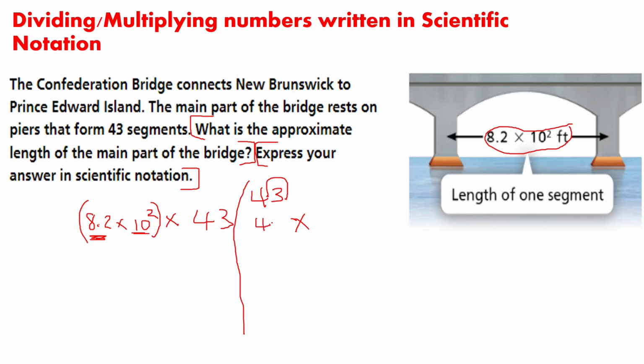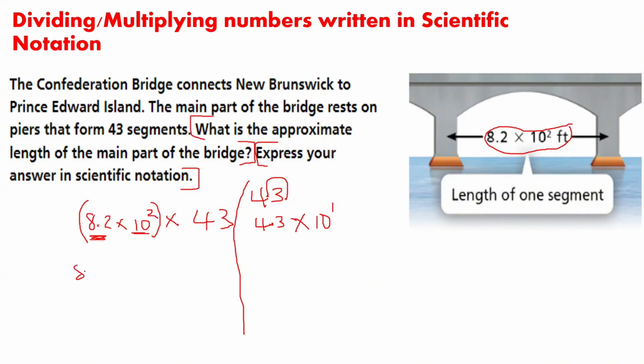And my power of 10 here is going to be 10 raised to the 1. The exponent is based on how many decimal places I move my point, and I just moved 1 to the left. So now that I have my number written in scientific notation, I can go ahead and multiply.